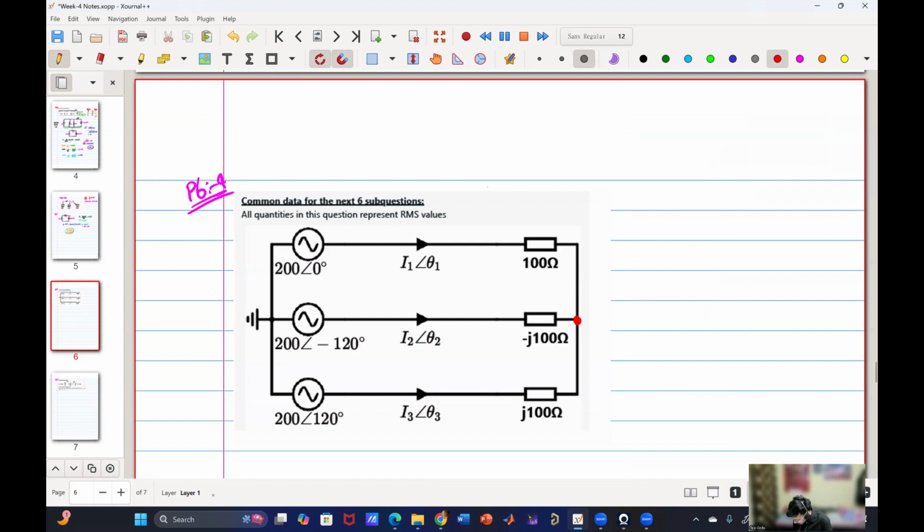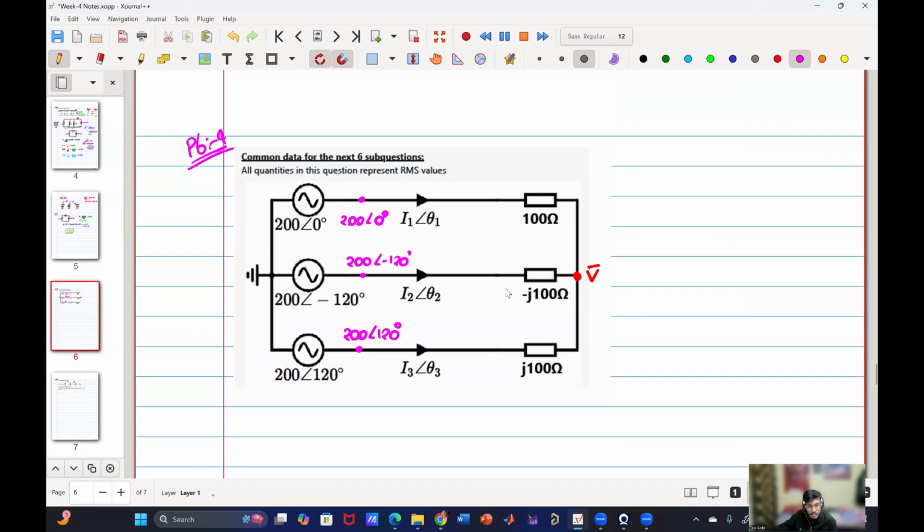I'll call this V phasor. I know this voltage is 200 angle 0 degrees, this voltage is 200 angle minus 120 degrees, and this voltage is 200 angle 120 degrees. Now what is my I1 angle theta 1? I1 angle theta 1 is 200 angle 0 degrees minus V phasor, by 100.